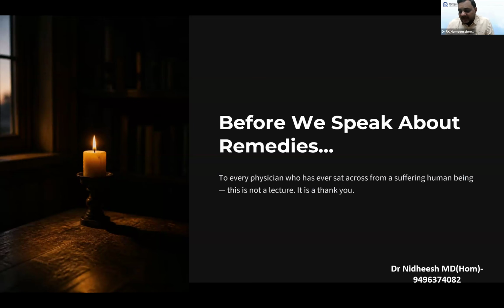So we are actually doctors and not prescribers. That's a point which I always tell my juniors. We are doctors. Why? Because some patients may need remedies, some patients may need advice, some may need exercise. So our duty is not to give the remedy, our duty is to restore the patient to health.